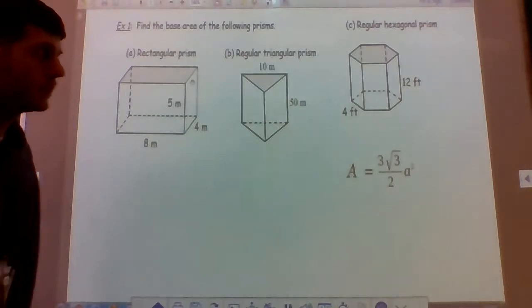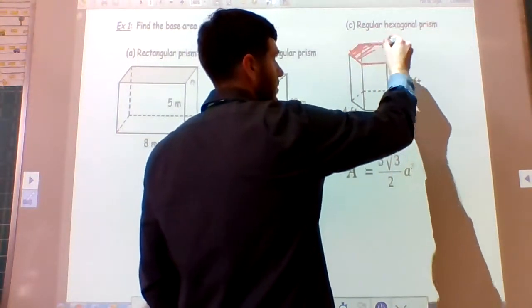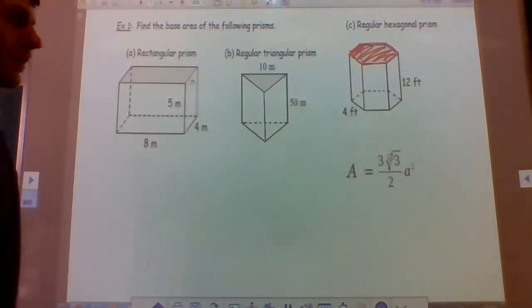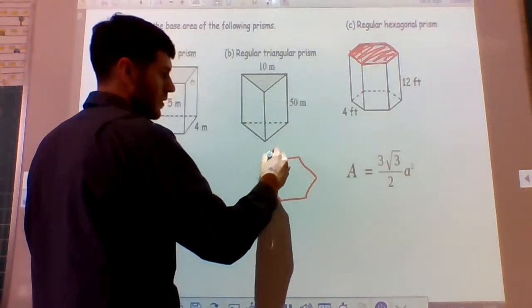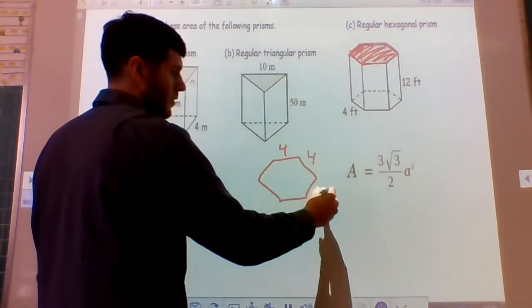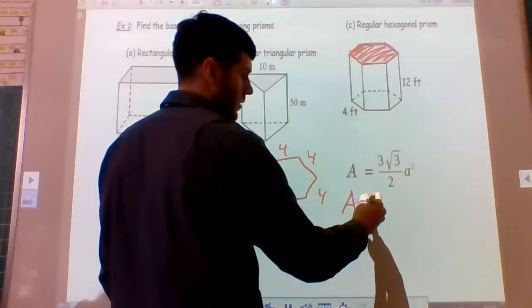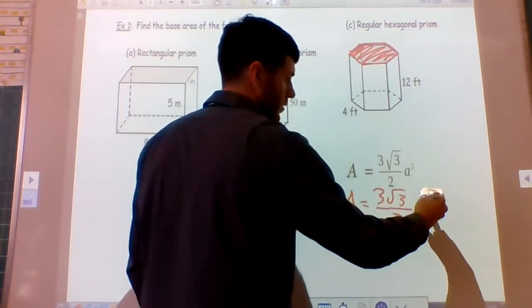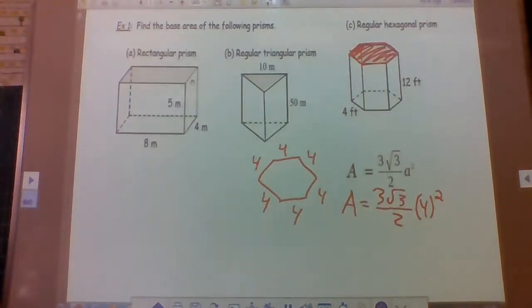For the hexagon, okay, we're given the area of the hexagon here is 3 over 2 times the side squared. So the side of the hexagon is 4. So the hexagon is going to be 4, 4, 4, 4, 4, and 4. Okay, so that's going to be 3 over 2 times 4 squared. So all we do is put that in our calculator.